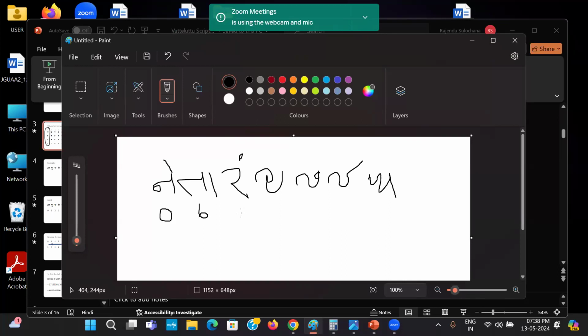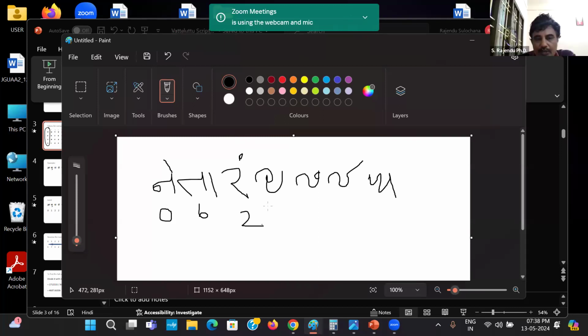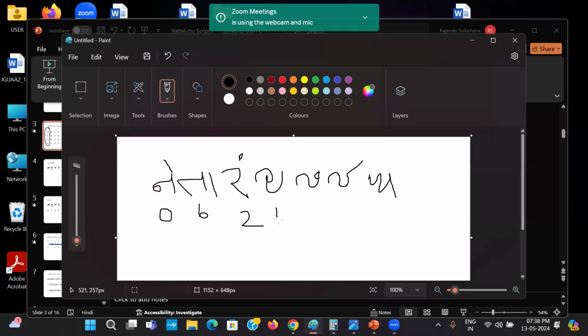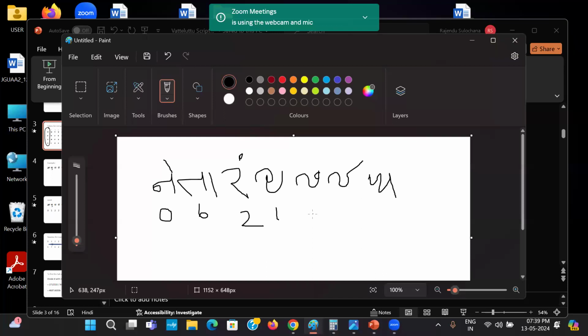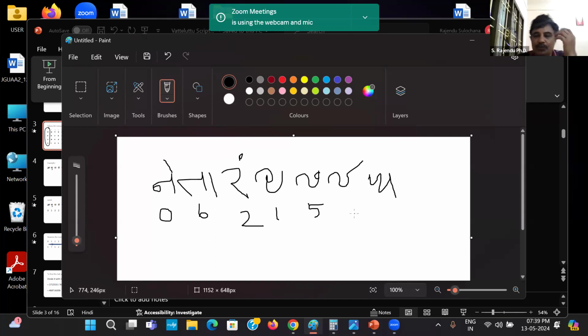Ra is 2. Ya, as per Kadavayadi, is 1. Ma is 5.